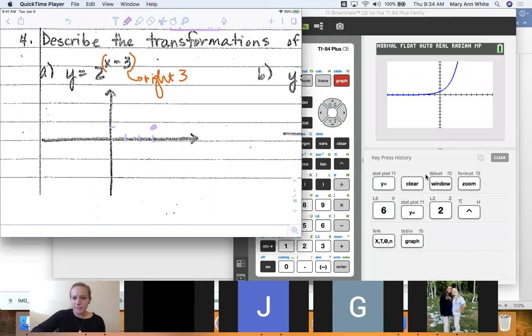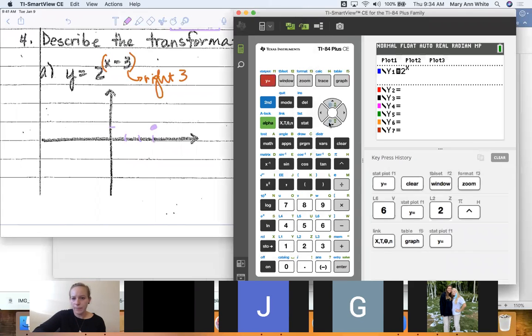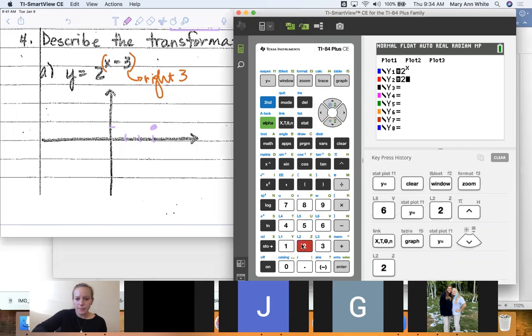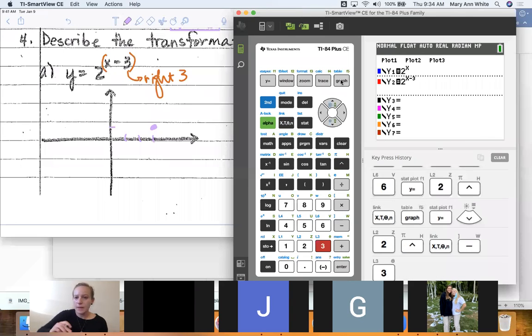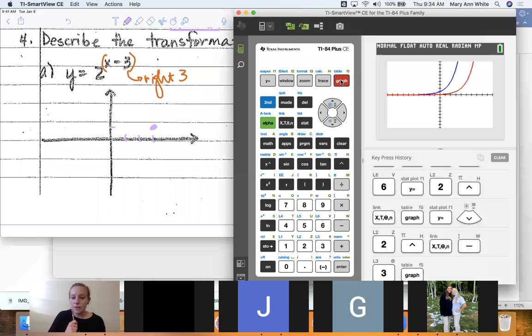Let's look at what that is. Actually, let's do it even better. Let's do it below it so I can see both of them. x minus 3. Graph. Good, so the blue is my original one, the red's the new one, and see how it's just shifted over 3 units? If I were to trace, I would see that at 3, 1, I had a point.